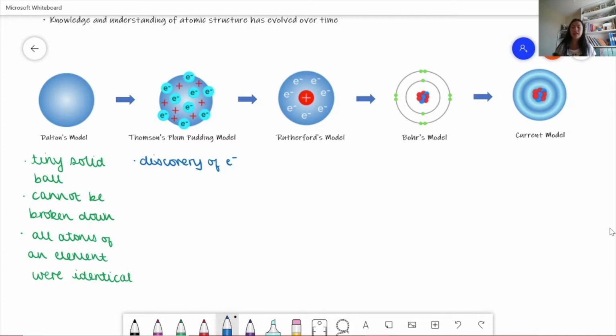So when we have plum puddings, we have the cake, and then all of the plums are scattered about randomly within this sphere. So we have negative electrons dotted about a positive sphere. And Thomson also said that we could break atoms down into smaller parts.